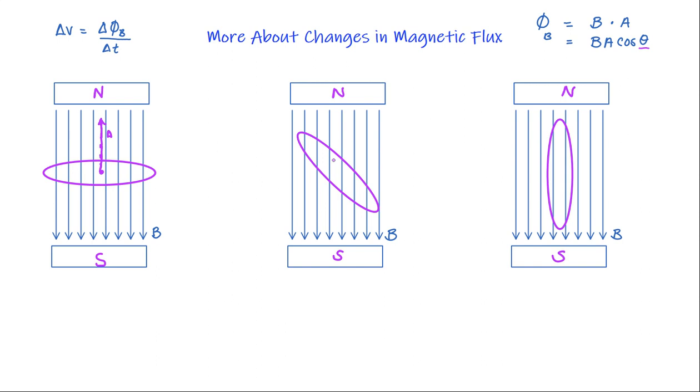Now I'm going to turn this hula hoop about 45 degrees clockwise. So now the area is pointing in that direction. Then I'm going to keep turning it another 45 degrees so it comes down to this side, and now the area is pointing over here to the right. So we have three different segments of the same kind of motion.